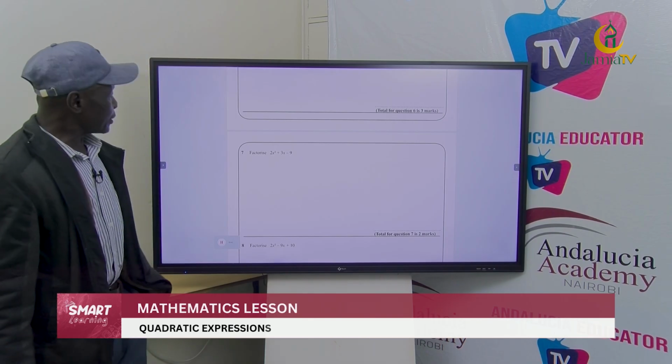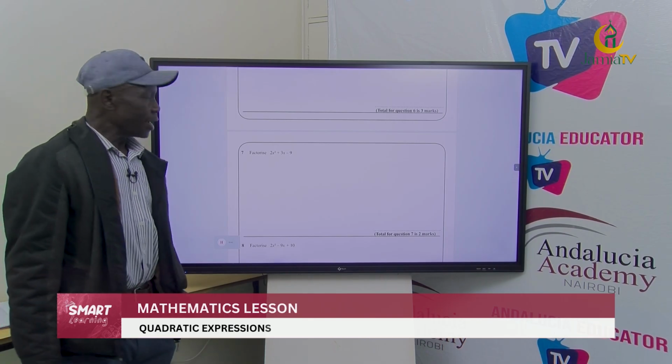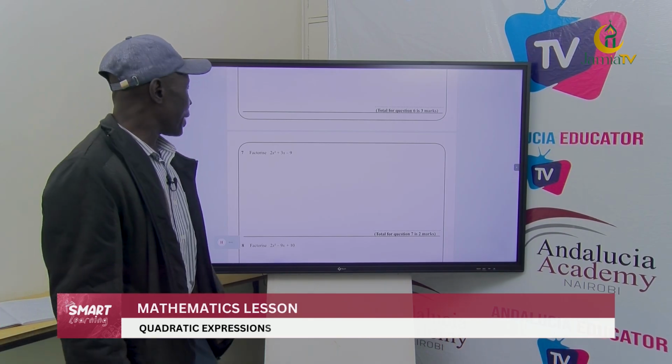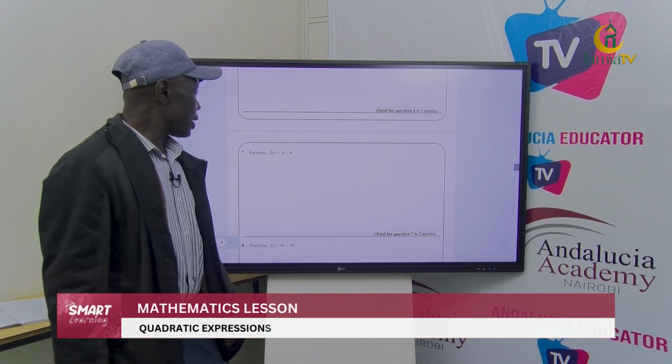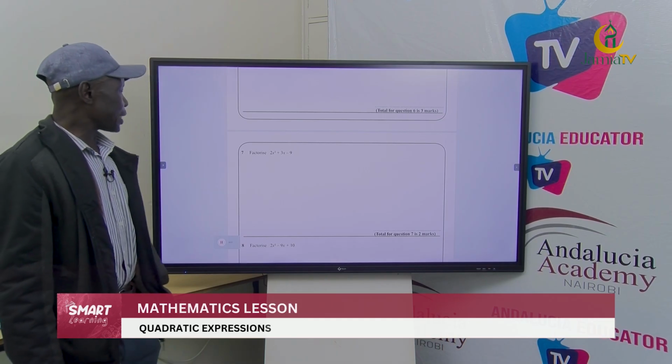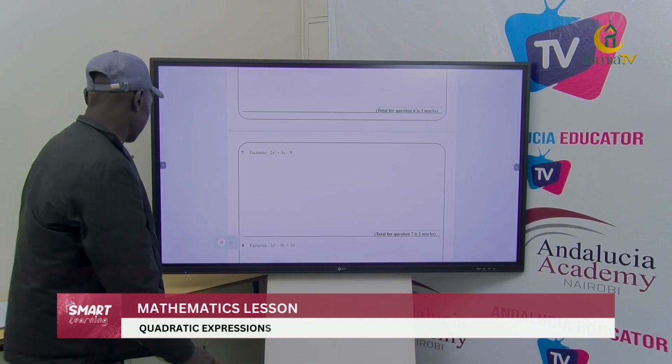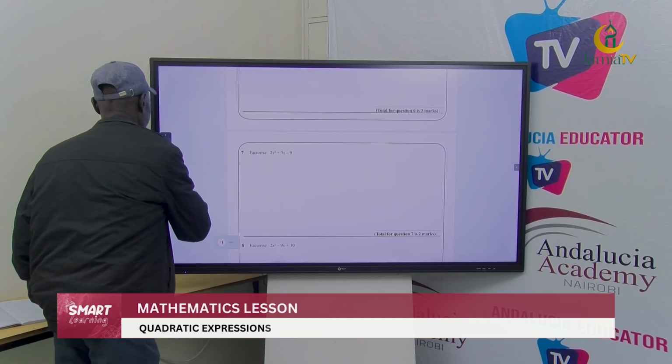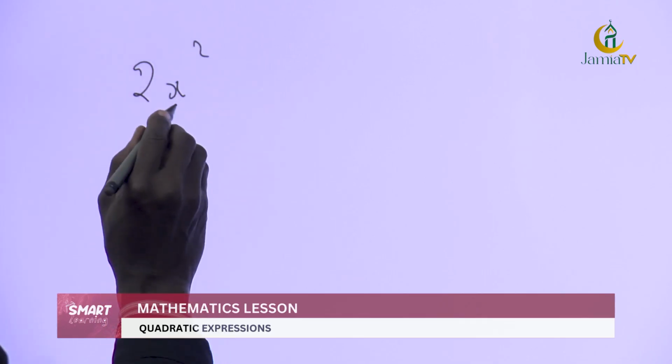Number 7 says 2x squared plus 3x minus 9 has to be factorized.